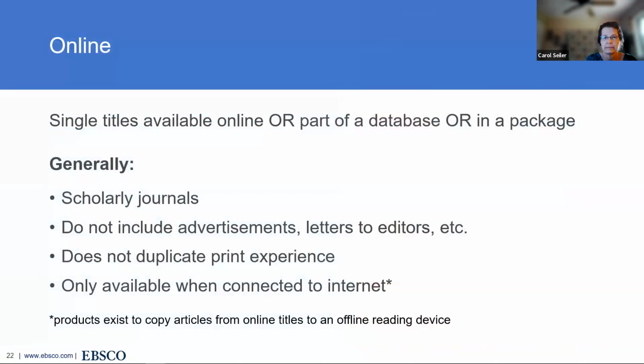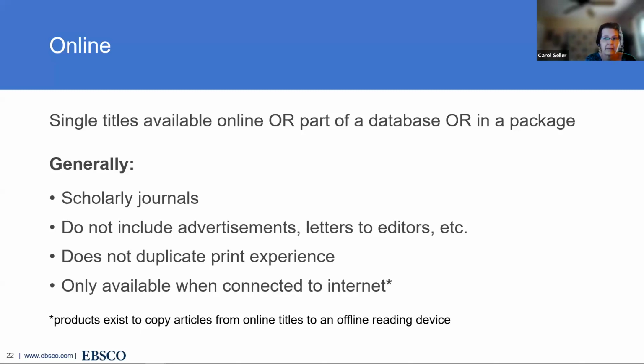What about online? Online can be single titles available, Journal of Nursing Administration, JAMA, People Weekly, or can be part of a database, ProQuest, Gale, EBSCO, or it could be part of a package from a publisher. These are generally considered scholarly journals. When we say online title, we generally mean scholarly journals.